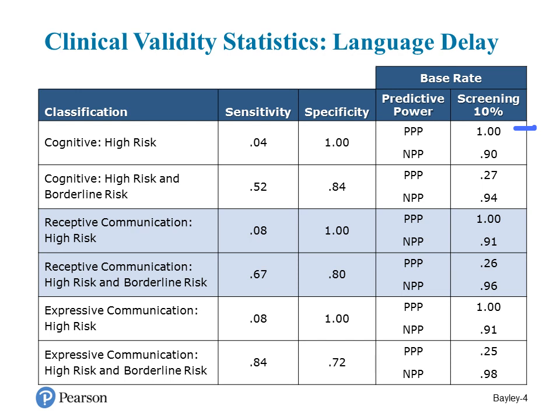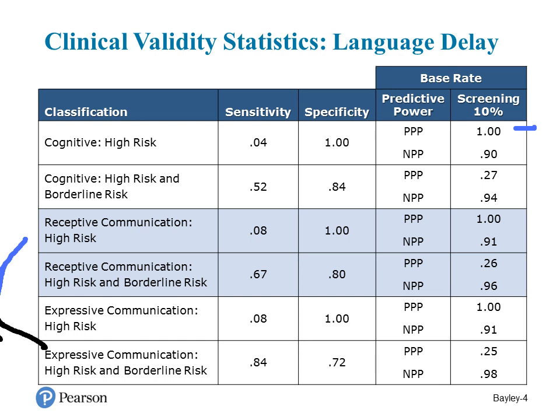When you think about young children with a language delay, certainly we want to make sure that we have information about language, so receptive communication and expressive communication. Also, we understand the interrelatedness of cognitive and communication, and so we present the information for cognitive as well.